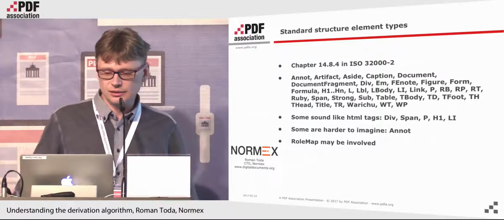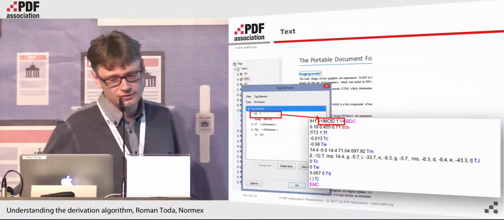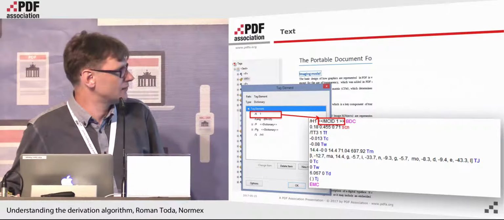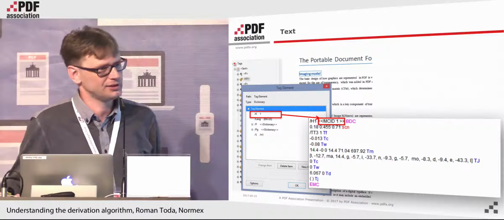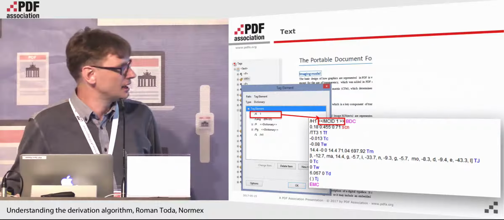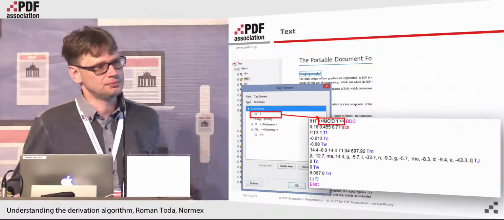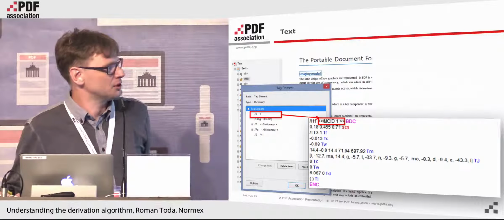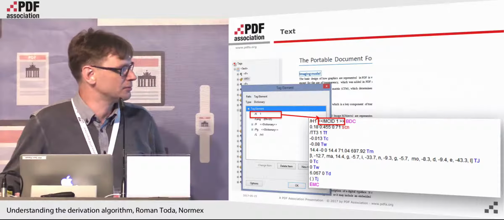So let's have a closer look at how it's written in a PDF file. Every tag has a type. That's the S attribute in a dictionary, and it also has a pointer into the PDF page content. That's the K entry, which actually points into a content page.